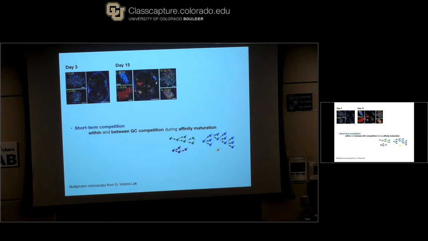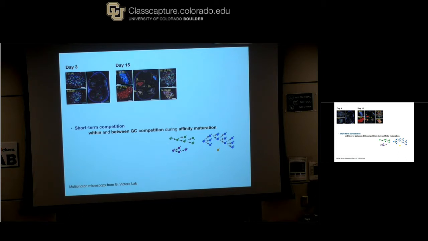But then there are groups that are still quite diverse, and they haven't figured out who is going to win. In this group, you still see quite a bit of diversity being maintained. So this is the evidence that you have short-term competition among these BCRs within the lineages that form the germinal centers.